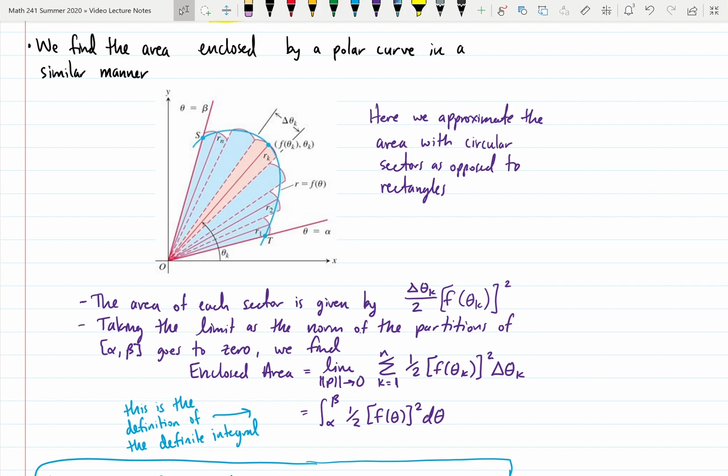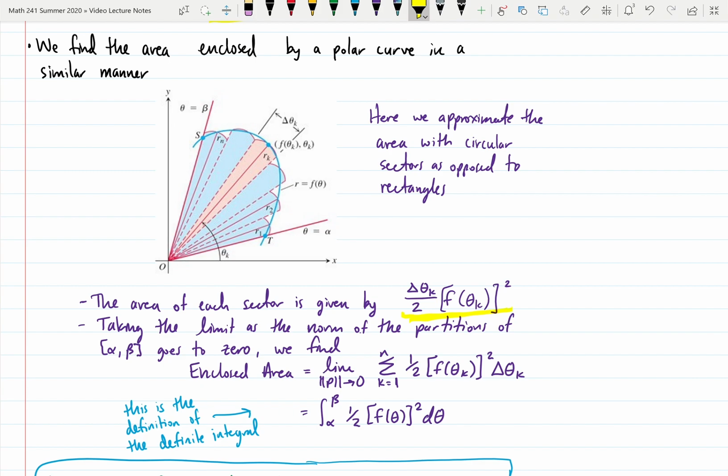And the area of each of these sectors is given by this expression here. If you want to understand why the area of the sector is given by that expression, I would just pause the video and think about it for a second, and I don't think you'll have too much trouble figuring it out.